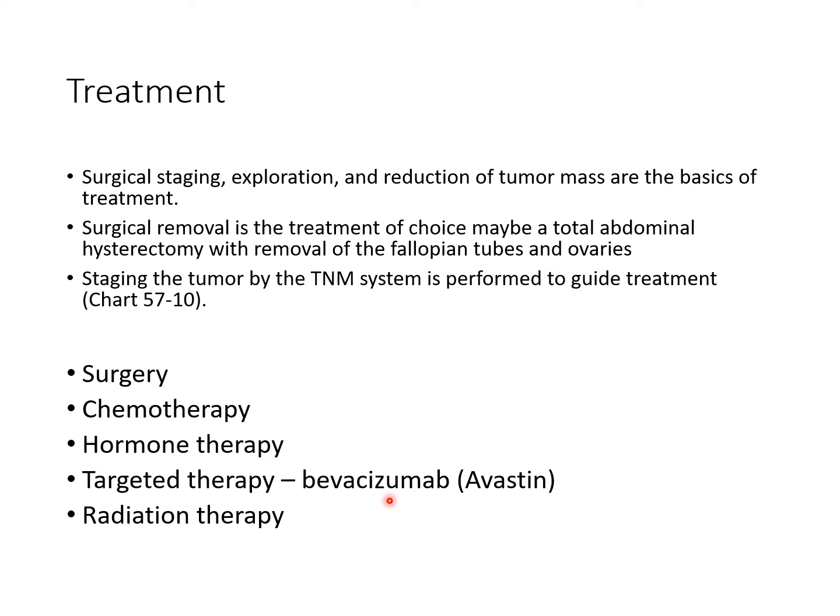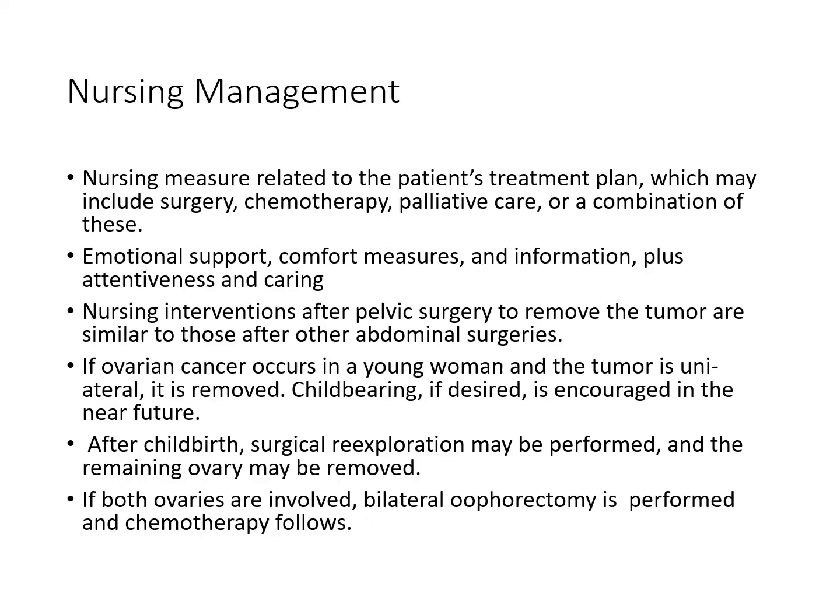So with targeted therapy, you are trying to attack the programming of the cancer cells, and you're trying to figure out, okay, how does this cancer grow, when is it dividing, and then you're trying to attack those particular stages. And obviously radiation therapy, which we've also talked about already.